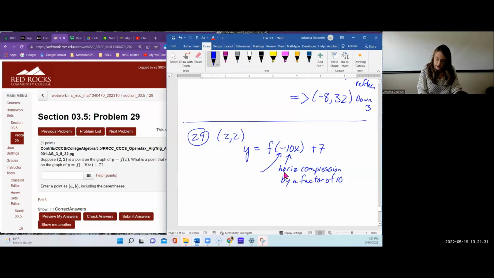Then it gets multiplied by a negative, which will change it as a horizontal reflection across the y-axis. Finally, the last thing that happens is that the y value is shifted up 7. That's a vertical shift up 7. That affects the y value.